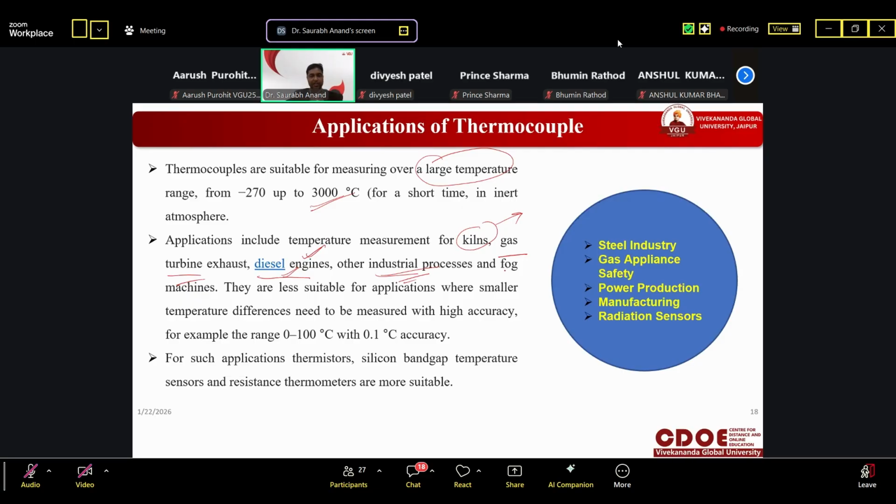Any machine, wherever we want to see the temperature, we can use that. They are less suited for smaller temperature differences, because if the difference is very small, there is no need to use that. So it is mostly used for higher temperatures.